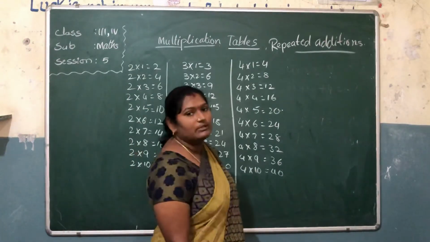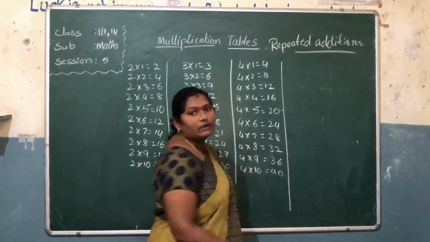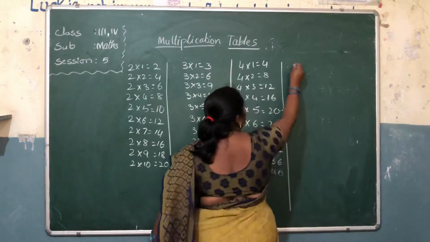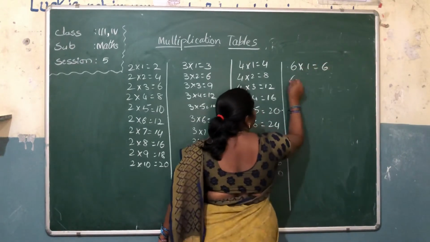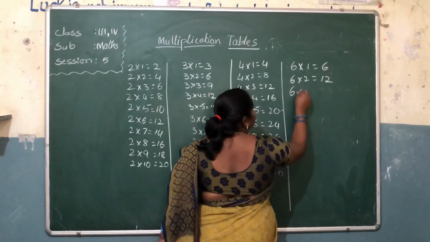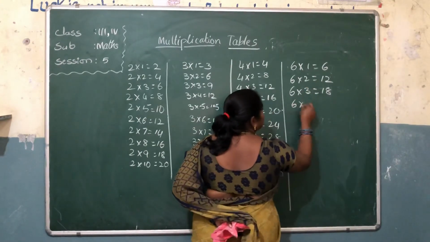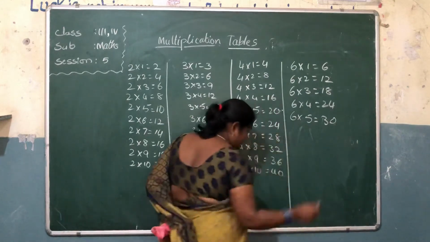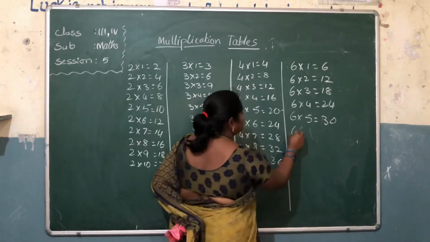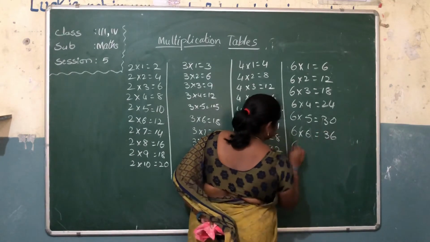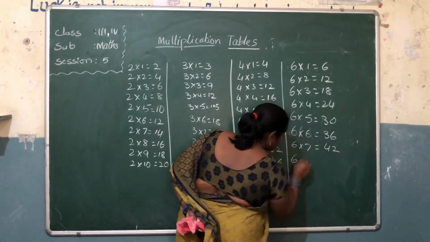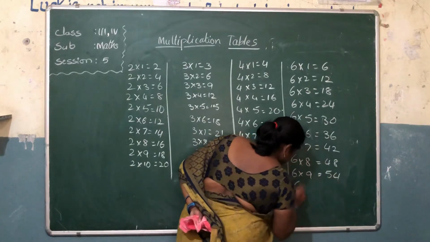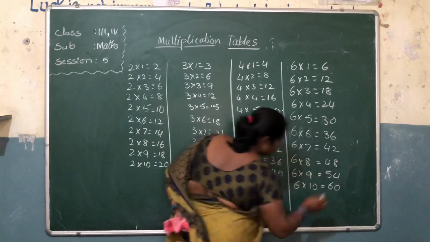And I am writing here the 6 table. 6 ones are 6. 6 twos are 12. 6 threes are 18. 6 fours are 24. 6 fives are 30. 6 sixes are 36. 6 sevens are 42. 6 eights are 48. 6 nines are 54. 6 tens are 60. Okay?